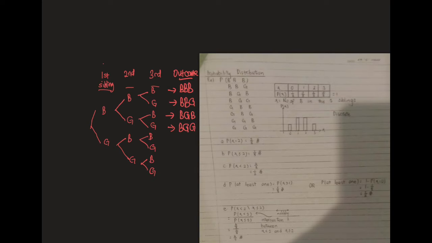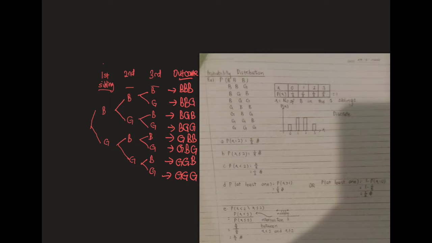Then followed by girl, boy, and boy. Followed by girl, boy, and girl. And followed by girl, girl, boy, and finally girl, girl, and girl. So we have all kinds of situations. That's why you have this list here.